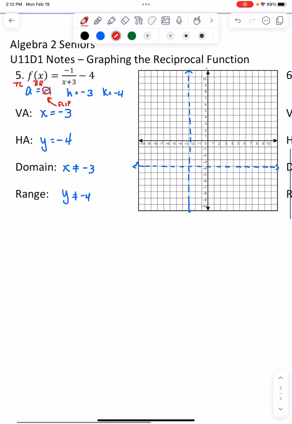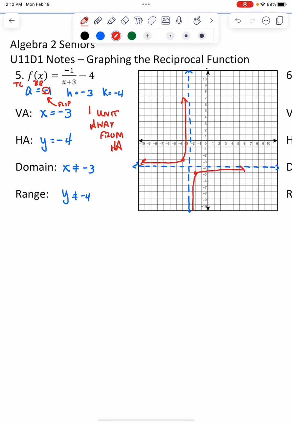Okay, and a is 1, so we're 1 unit away from that horizontal asymptote. So 1 unit top left, drawing that branch, and then 1 unit bottom right, drawing that branch. Okay, so that's what we're dealing with there.